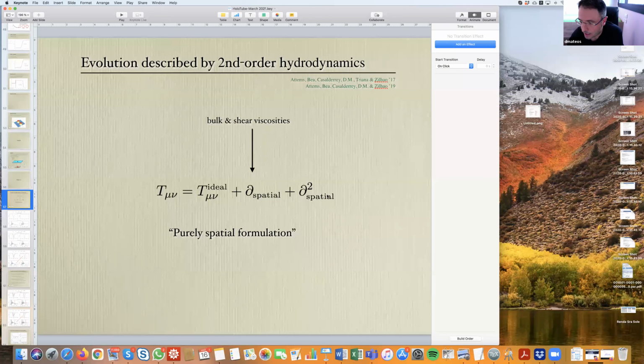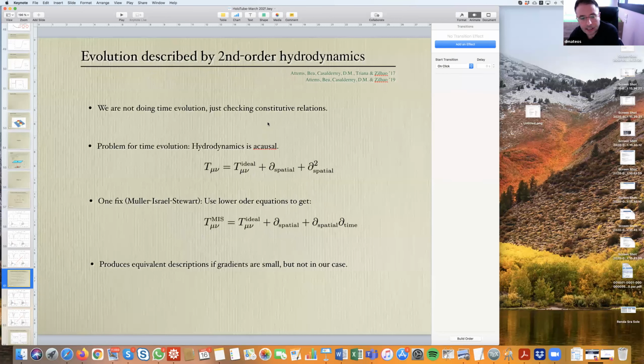Okay? Now, the problem with this is that if you try to use this formulation to do dynamical evolution in hydrodynamics, time evolution, you run into a problem because the theory is not causal, and the time evolution problem is not well posed.